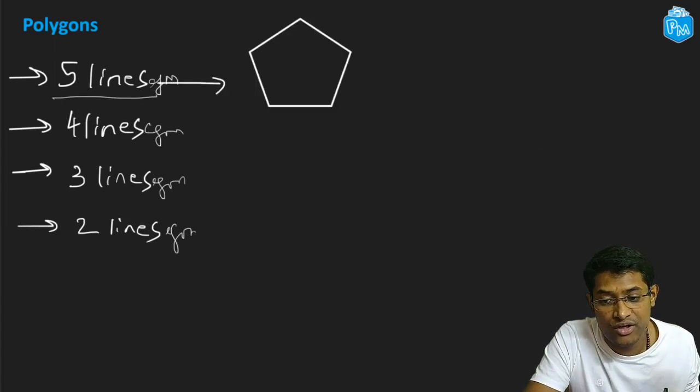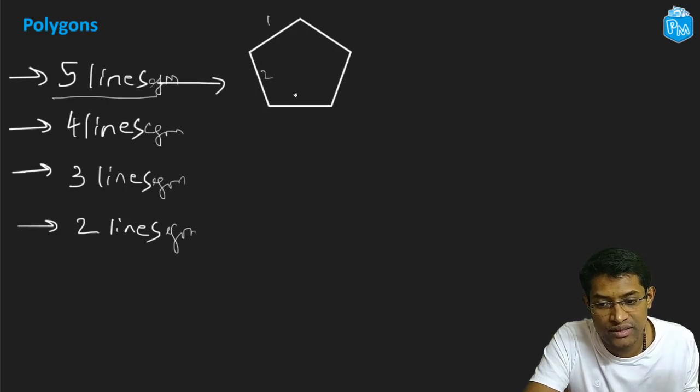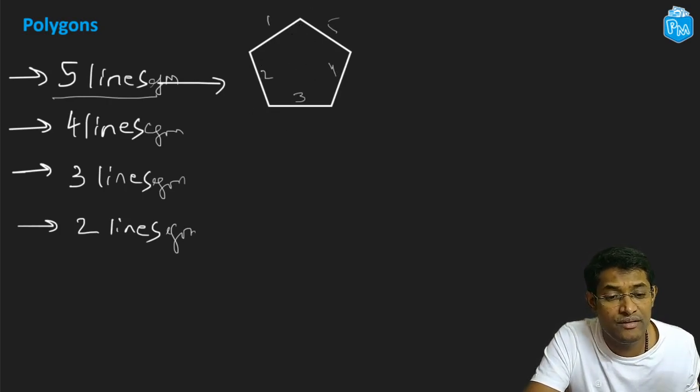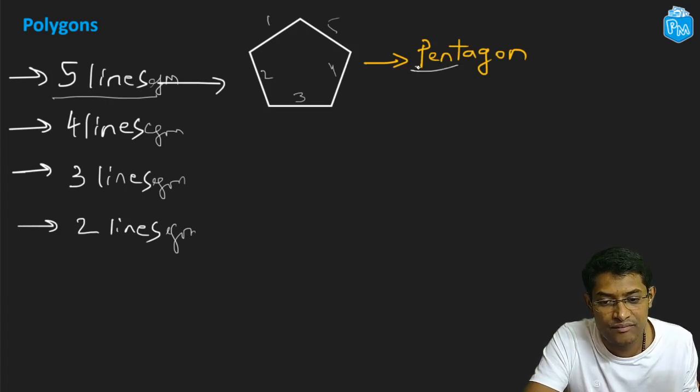Okay, you can draw it like this, right? This is the one that we have seen before also. You can see that it has 1, 2, 3, 4, and 5 line segments, right? And this type of a polygon is named pentagon. Okay, pentagon.